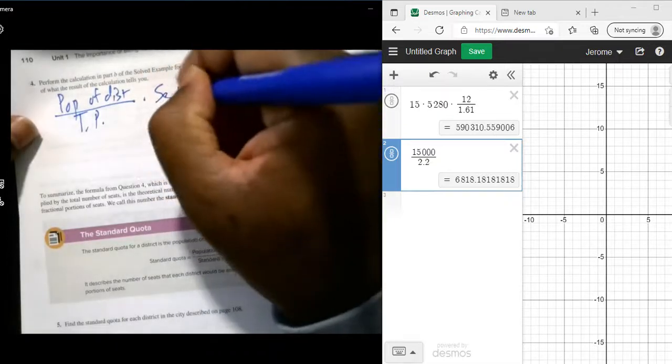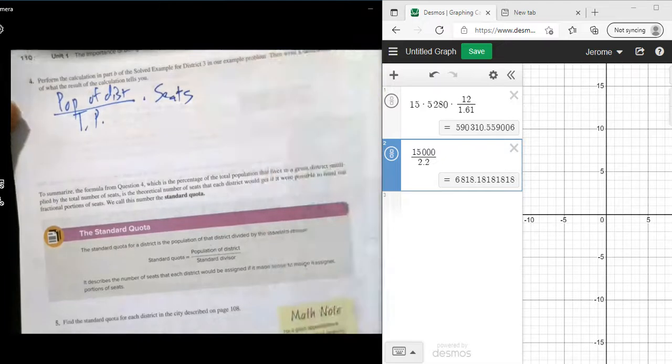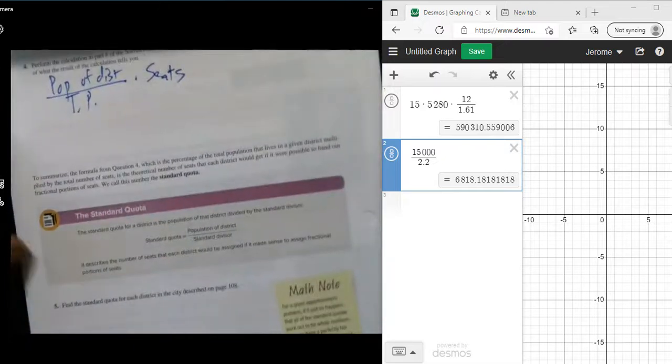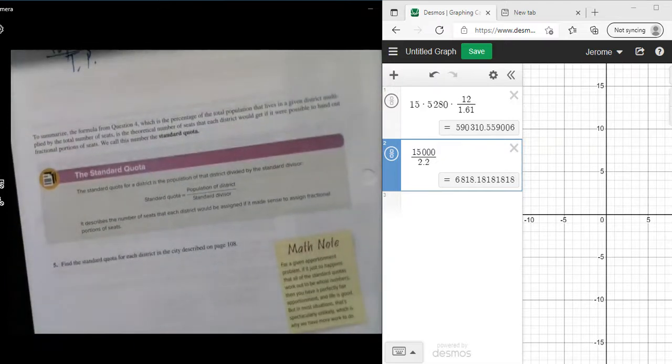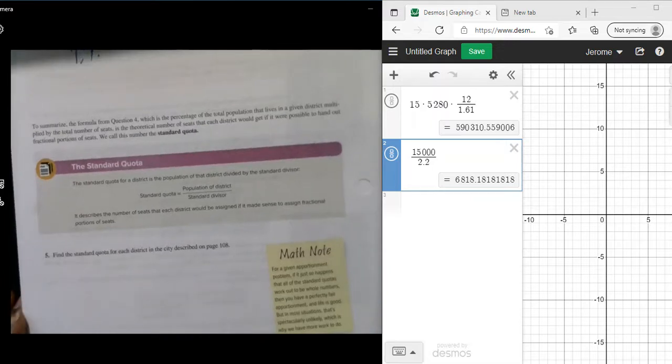We could just say times the seats. Okay, now it's basically telling you to summarize the formula for question 4, which is the percentage of the total population that lives in a given district multiplied by the total number of seats, is the theoretical number of seats that each district would get if it were possible.